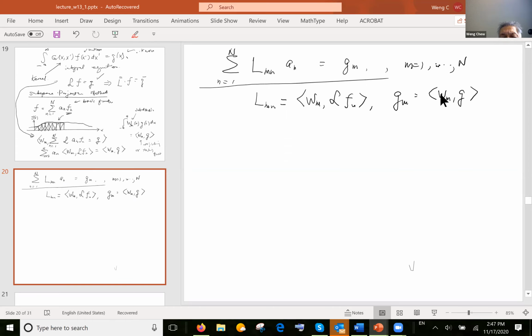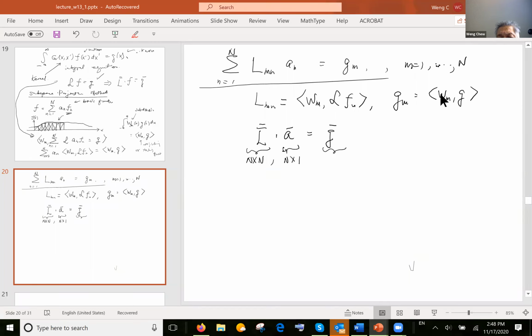If that happens, then I will have this being writable as a matrix equation, where L is now an N by N matrix system, and a is an N by 1 vector because a_n goes from 1 to N.